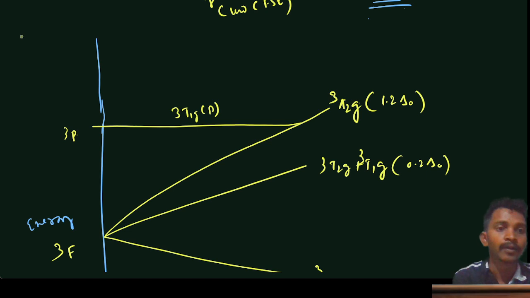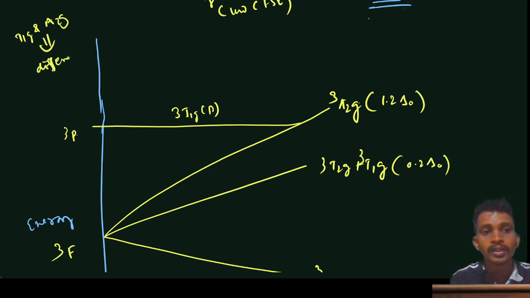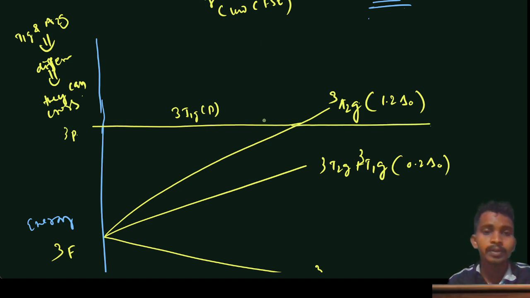So we see that whenever lines of different symmetries approach each other, they may cross each other. This is T1g, this is A2g. T1g and A2g are different symmetries. So when lines of different symmetries approach each other, they can cross. If the same symmetries come, they always repel. They never cross. This is the crossing point.